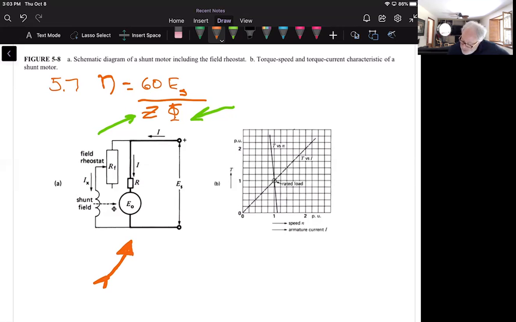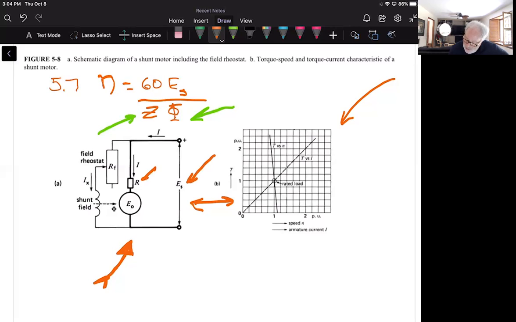And so we always have these characteristic curves that go along with a particular motor. And this motor, here's the armature of the motor, here's the shunt field that's in parallel with the armature, here's the armature resistance right here, and then here's the source voltage, E sub S, that is supplied.